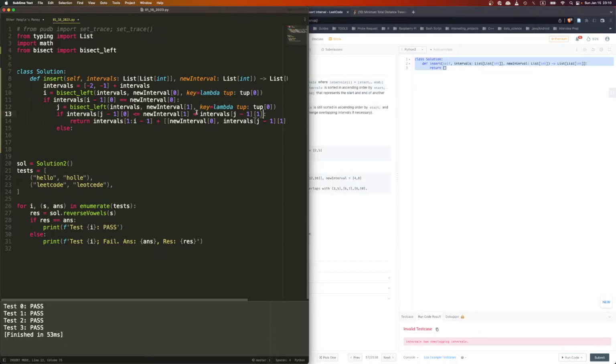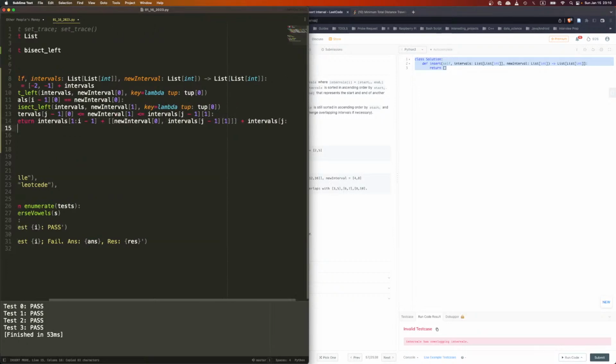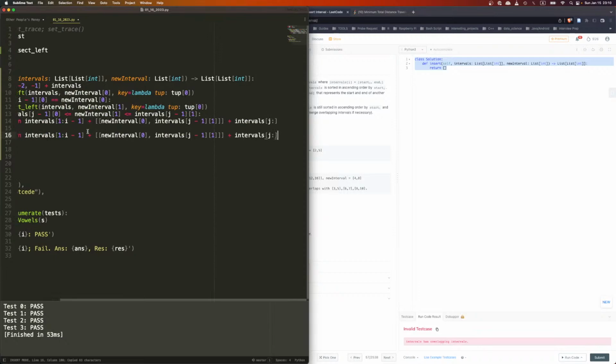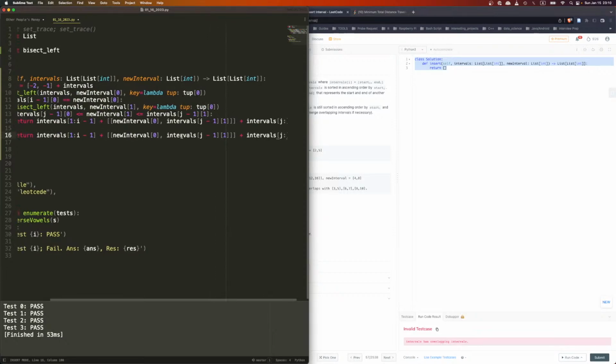But if it's larger than this, then we need to change. So we can put this, else it's not going to be small, it's going to be larger than. We're going to do this. Same thing, but this is not going to be intervals. This is going to be new intervals. So basically add a new interval here.